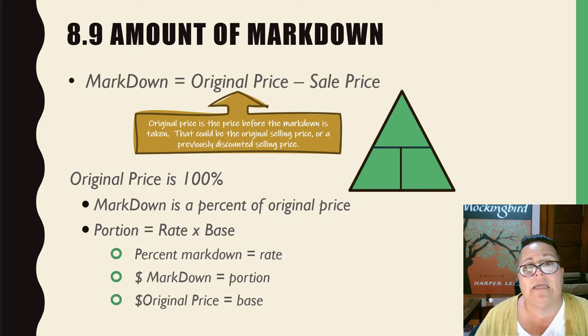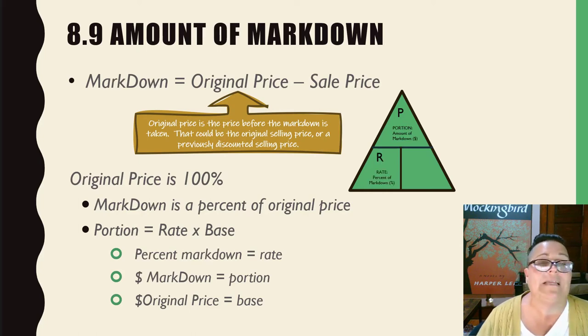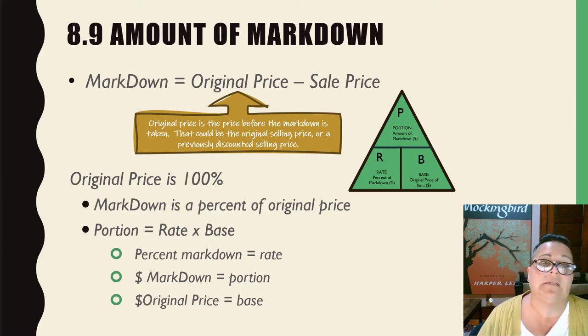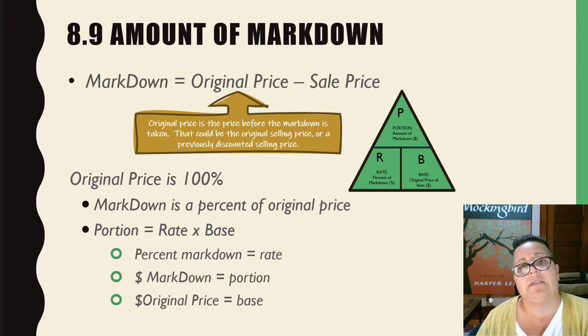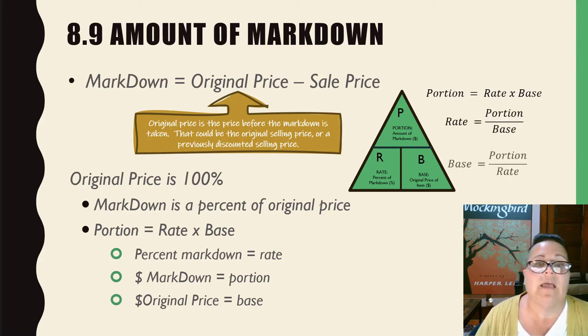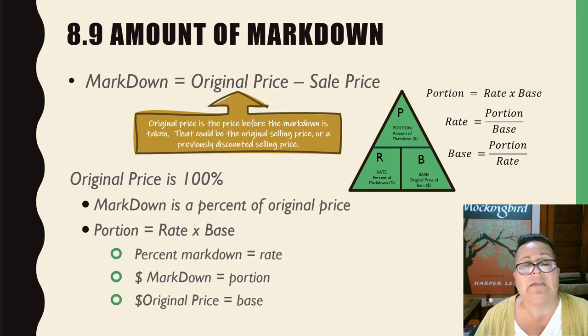This is once again the percent triangle that we've been doing the entire time, where P portion is the amount of the markdown, R rate is the percent of the markdown, and B base is the original price of the item. That means that those three formulas that we used in the first two presentations all apply here. The portion is the rate times the base. The rate is the portion over the base, and the base is the portion over the rate.